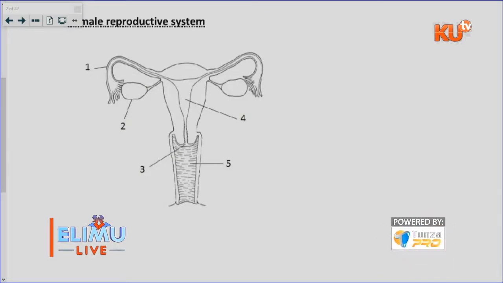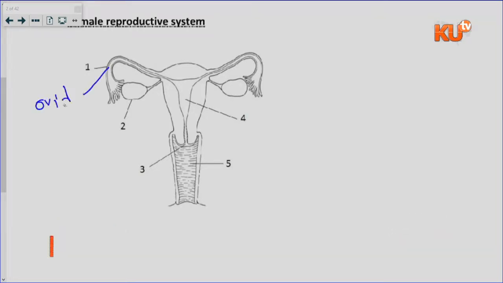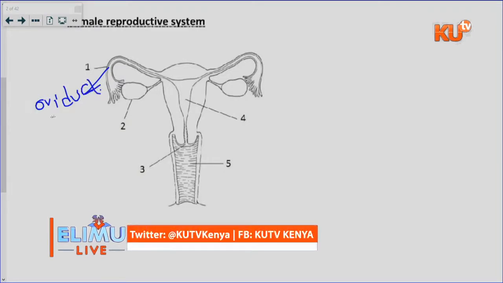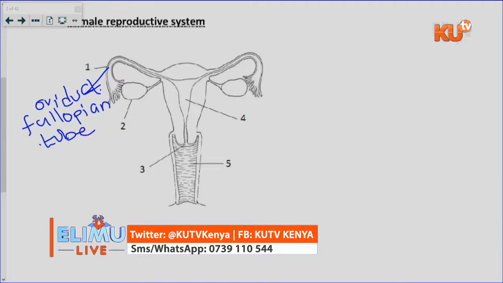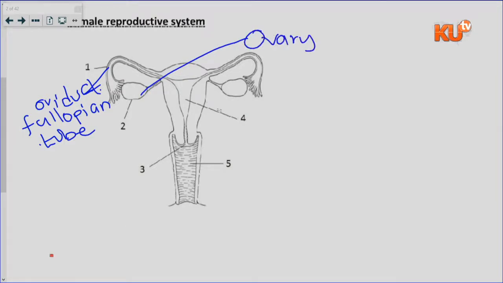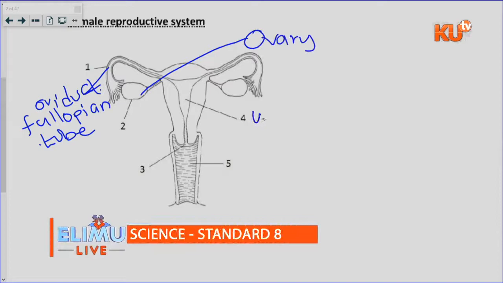So this is the diagram of the female reproductive system. So number one, this is what we call oviduct. Oviduct, also called the fallopian tube. We have the ovary, that is number two. Number four, it's called the womb. The other name of the womb is uterus.